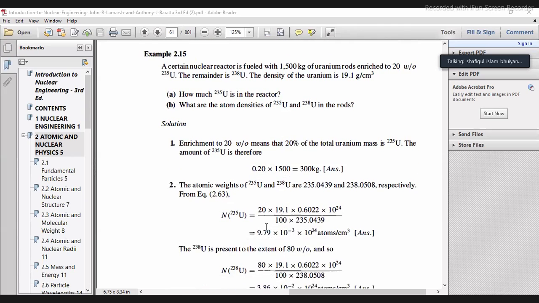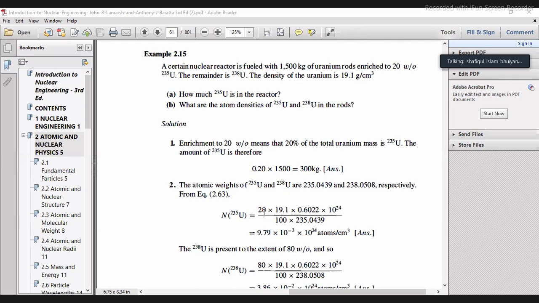And now the atomic densities of U-235 and U-238. The atomic weight of U-235 is 235.05. For the atomic density of U-235, we just use this 20 weight percent.